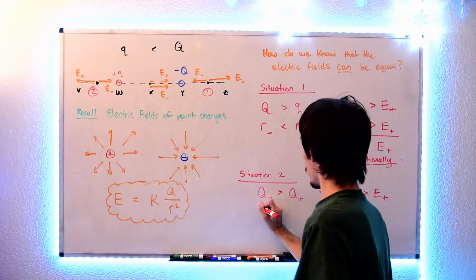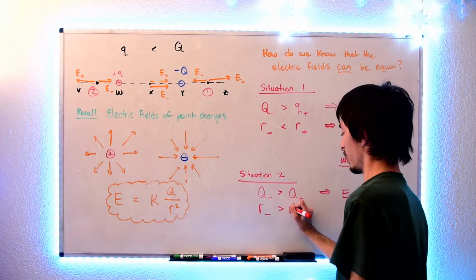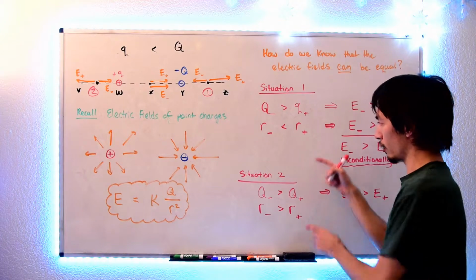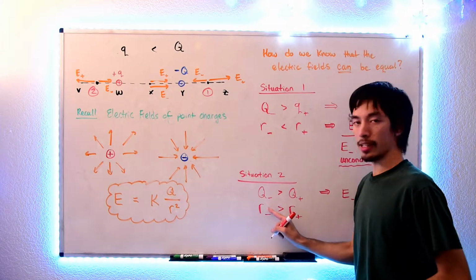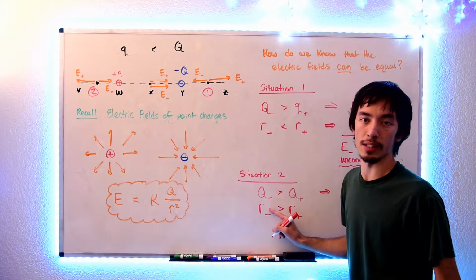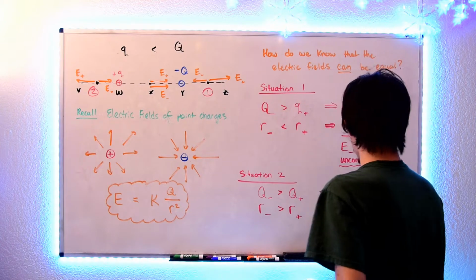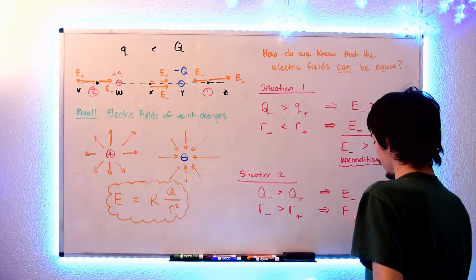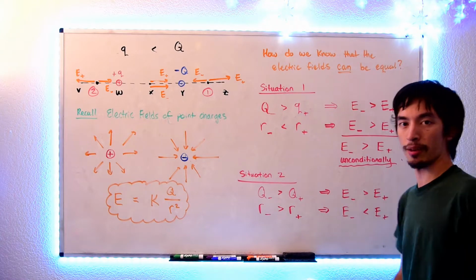So R negative is now greater than R positive. Notice that's the opposite statement from before. If the distance to the negative charge is the larger distance now, that means the electric field is weaker for that one. So I'm going to say that E minus is less than E plus.